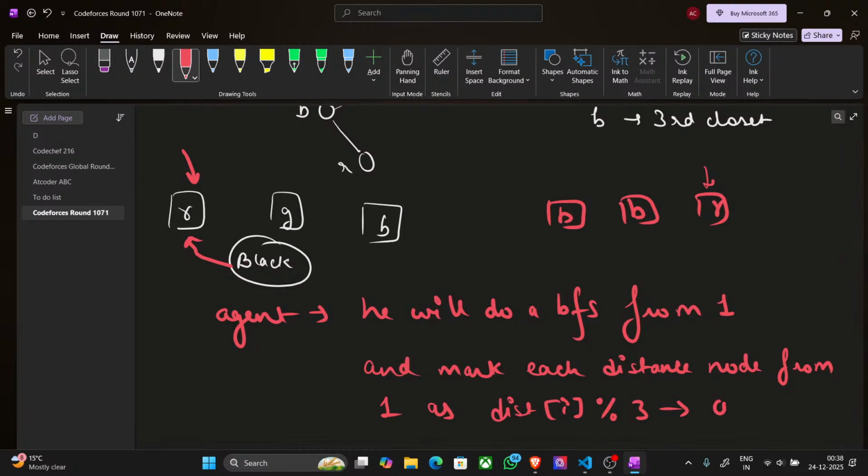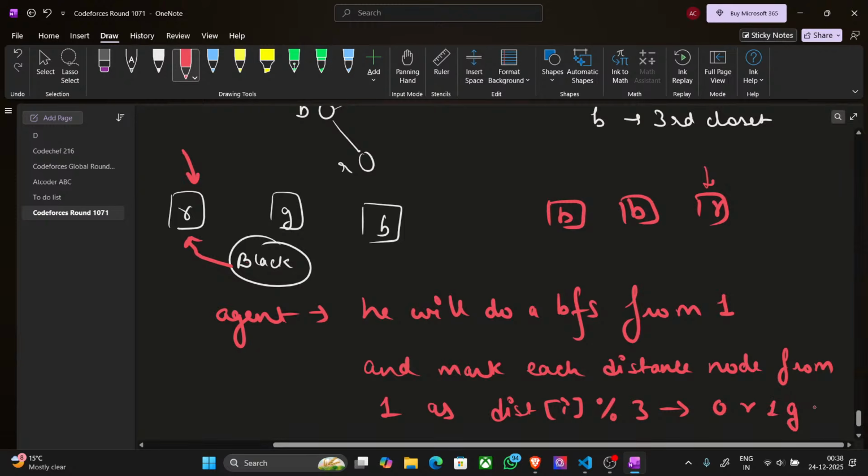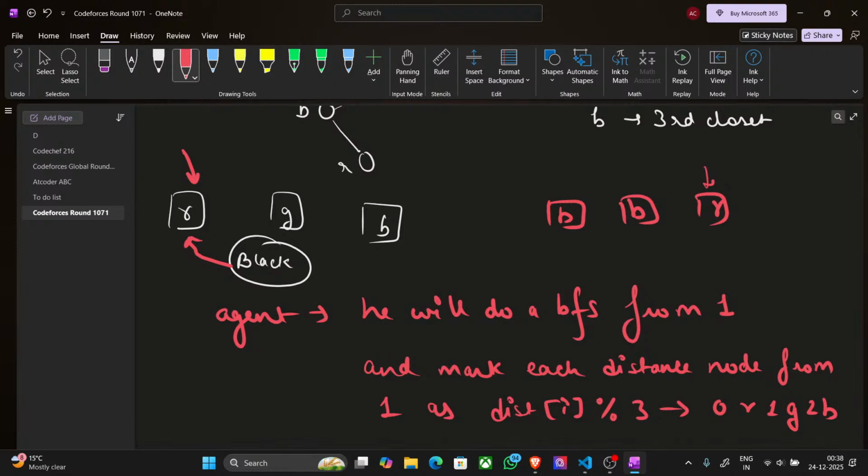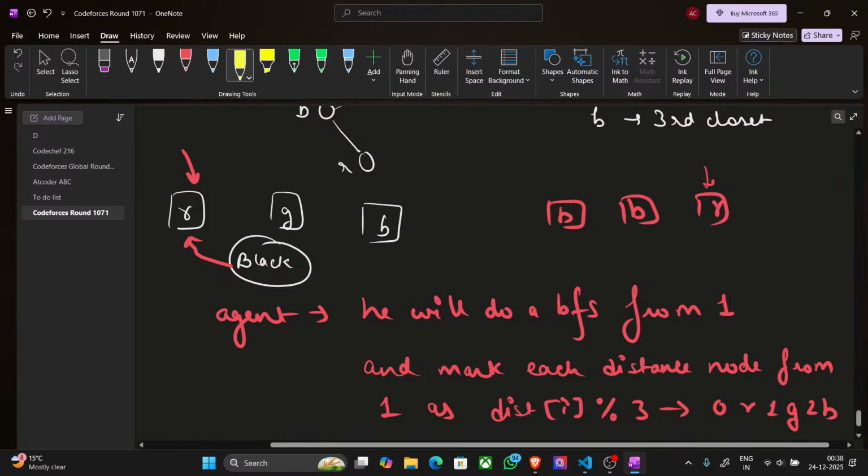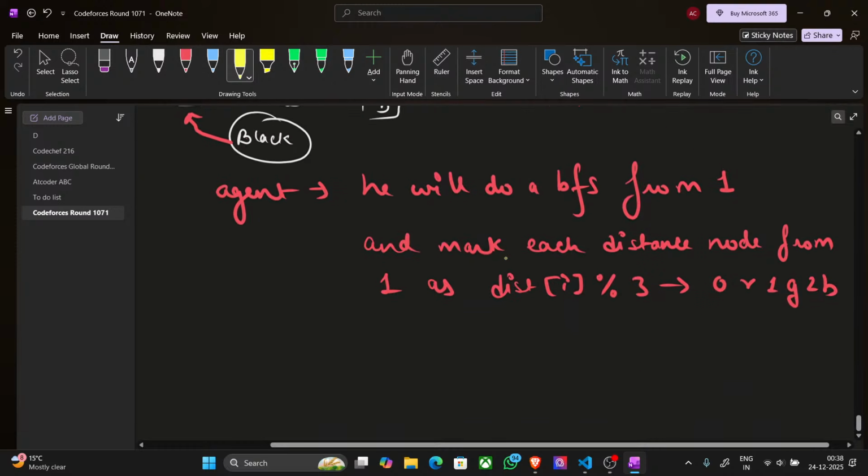If it is 0, then it is R. If it is 1, then it is green. And if it is 2, it is blue. Right? Got it till here? Okay, so this will be my strategy for the agent.